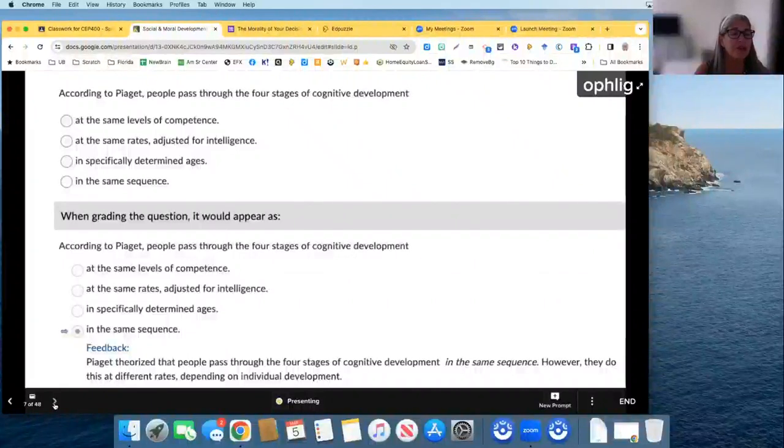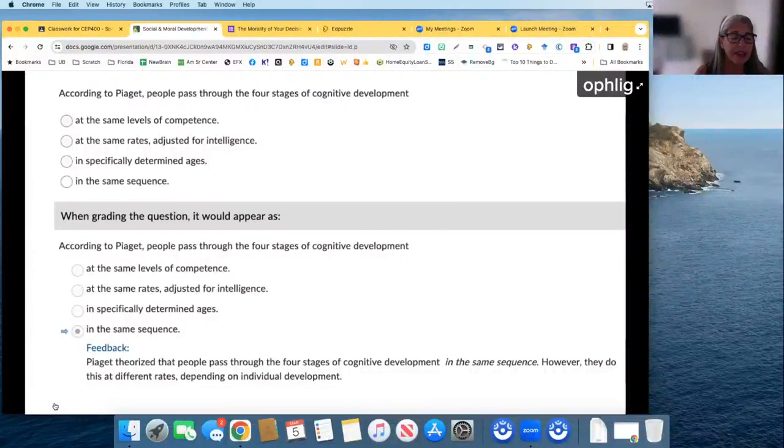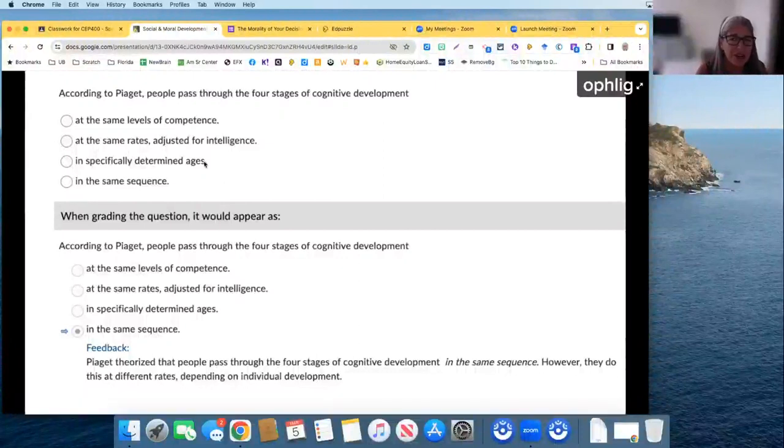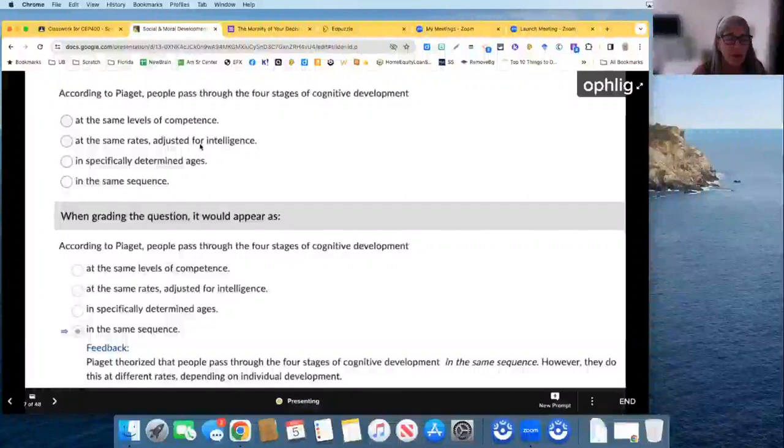And then for this question, according to Piaget, people pass through the 4 stages of cognitive development, and this should be in the same sequence. So although he gives us ages, that's kind of a general guideline where we see children going through those stages, and they don't grow at the same rate. They don't have the same levels of confidence. It's just that these stages are in the same sequence.